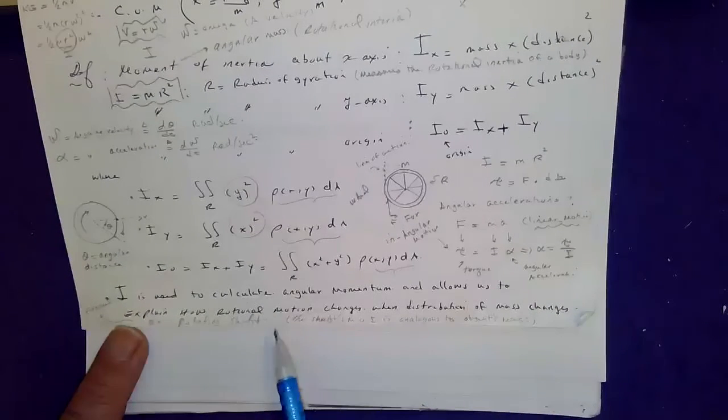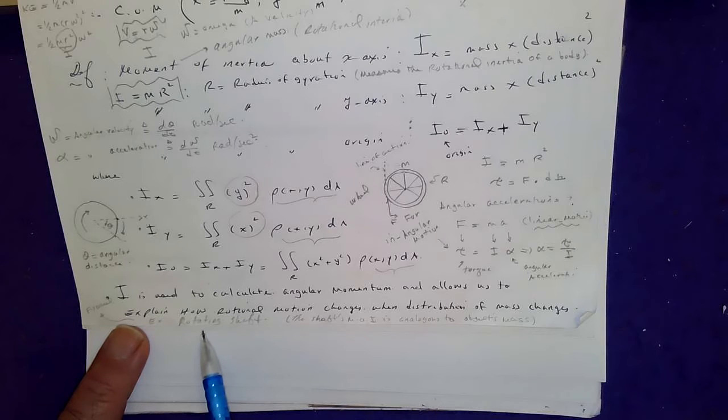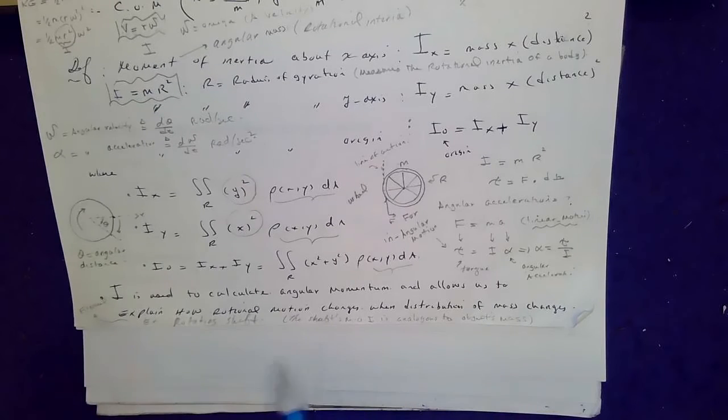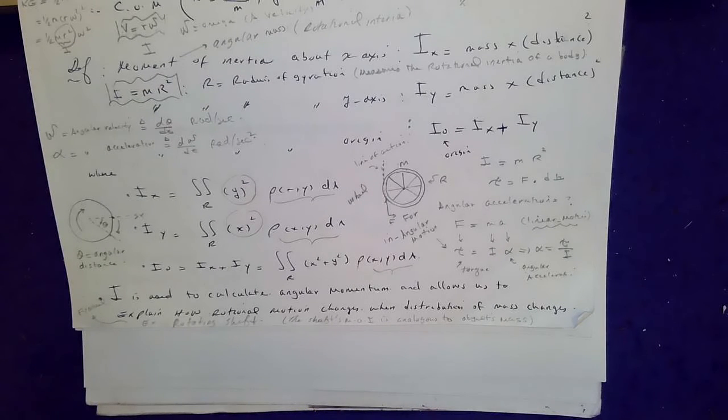What would be an example of moment of inertia? It would be like a rotational shaft, okay? And the shaft's moment of inertia is analogous to an object's mass. Picture your car.